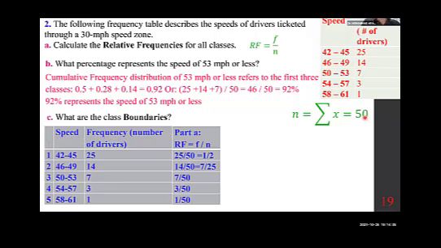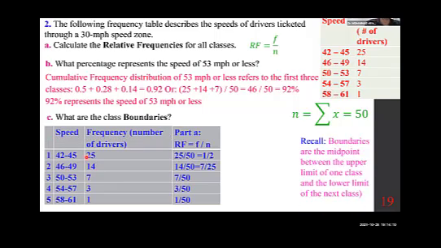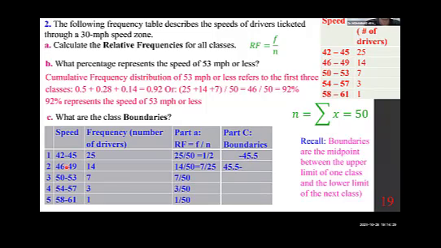We want to find the boundaries. And remember what I mentioned. First of all, the boundary has this definition: the midpoint between the upper limit of one class and the lower limit of the next one. So if you put these two together, 45 and 46, the midpoint is 45.5. So this would be the upper boundary of the first class as well as the lower boundary of the second class.